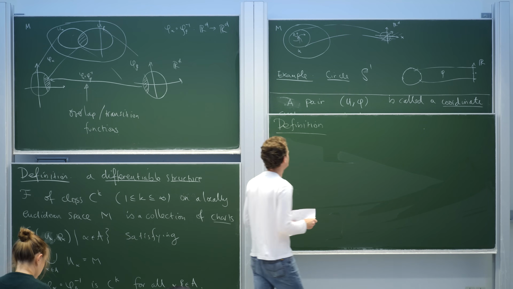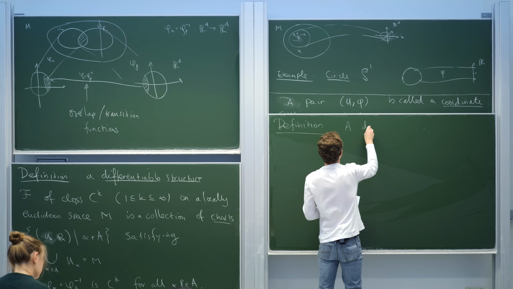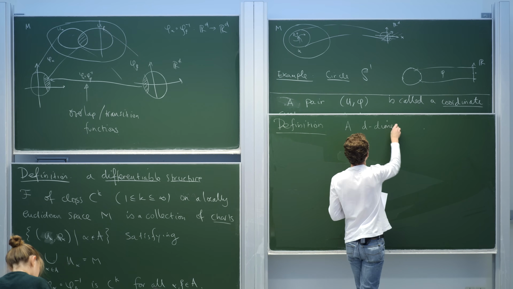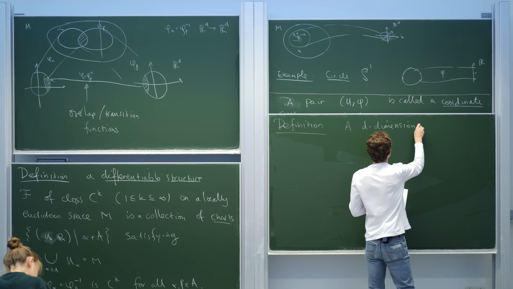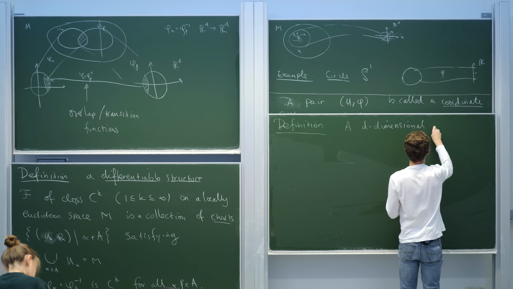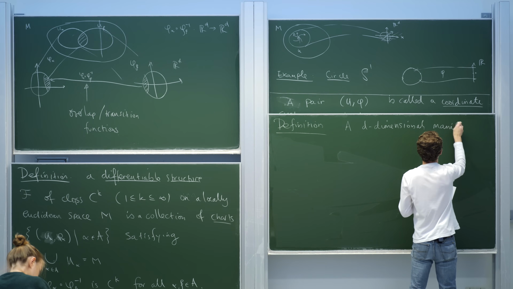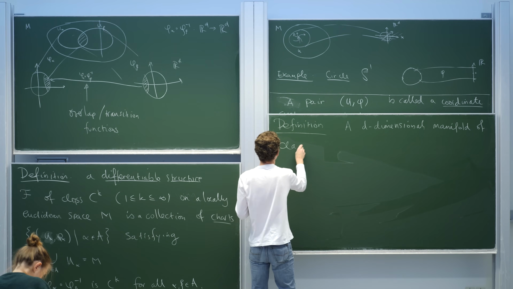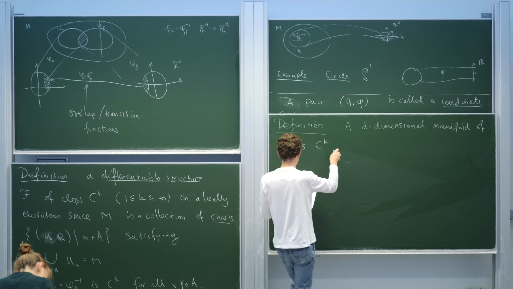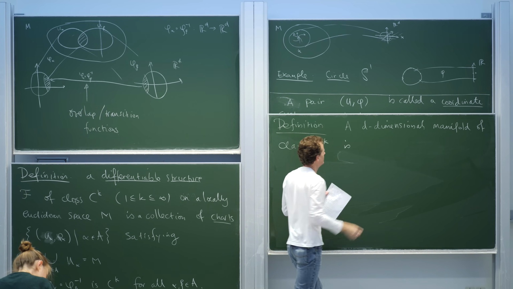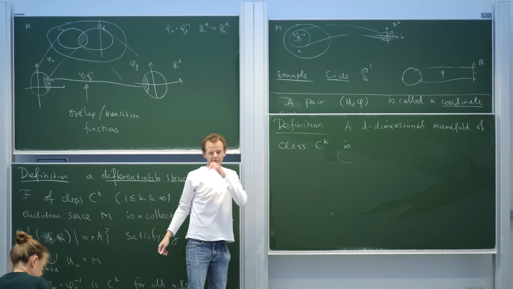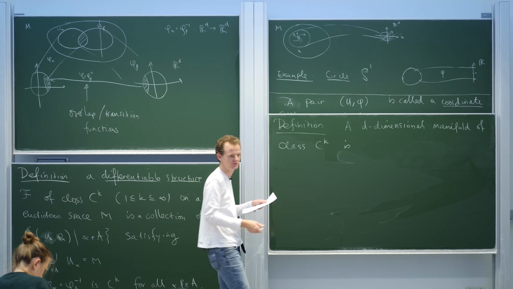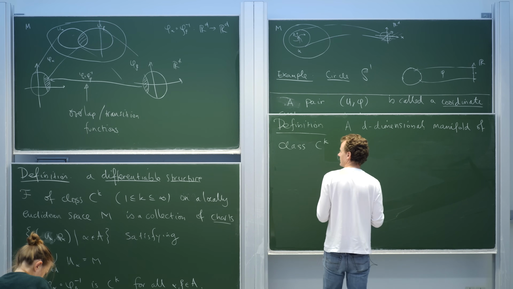So a d-dimensional manifold. What is a d-dimensional manifold of class C to the k? Well, it's got to be a locally Euclidean space with a differentiable structure of class C to the k.